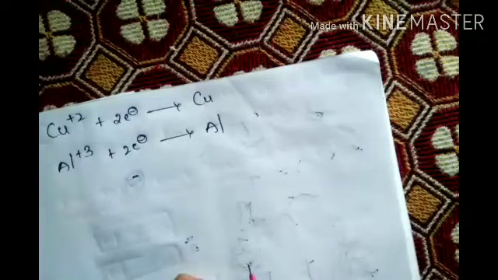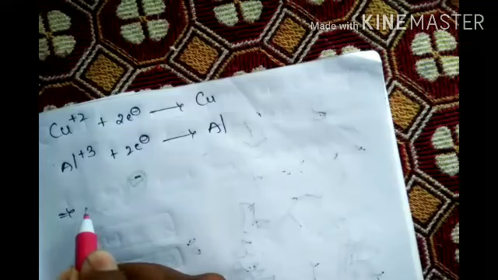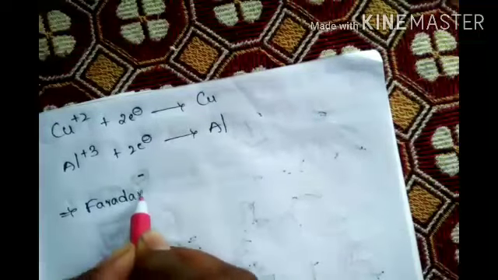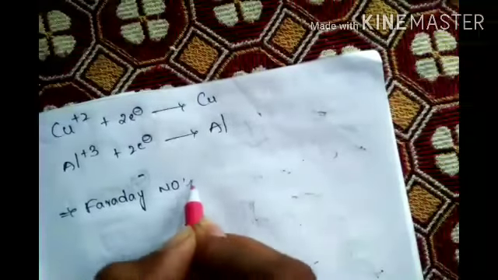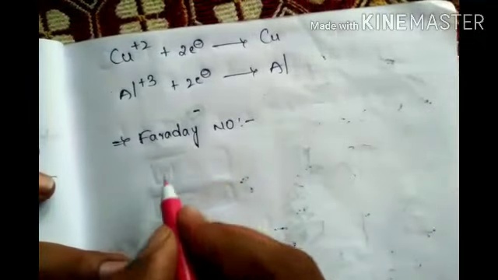For that constant number, using the Avogadro number, Faraday found out the Faraday number. What is that number?